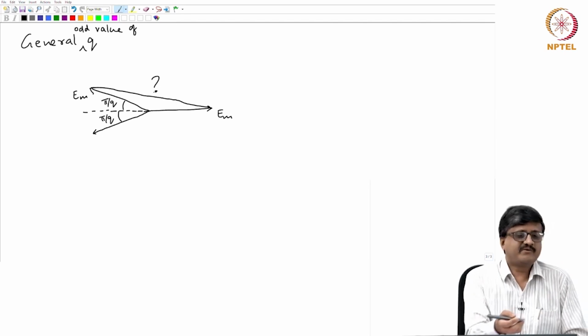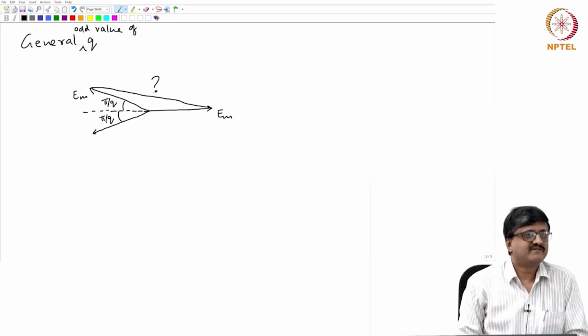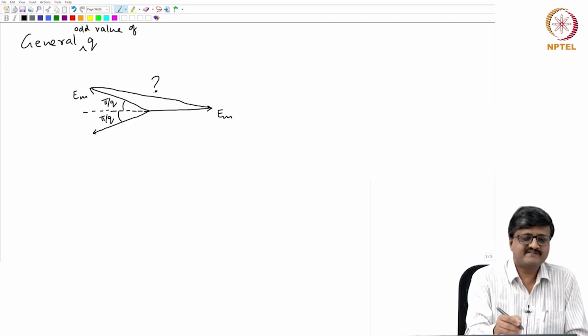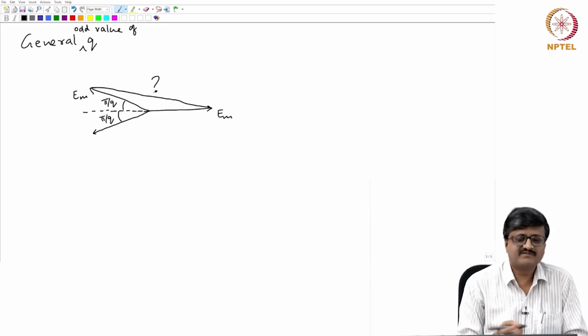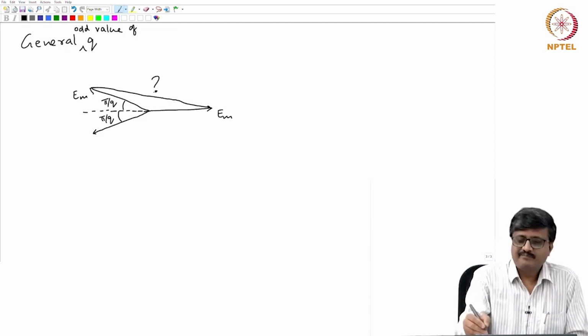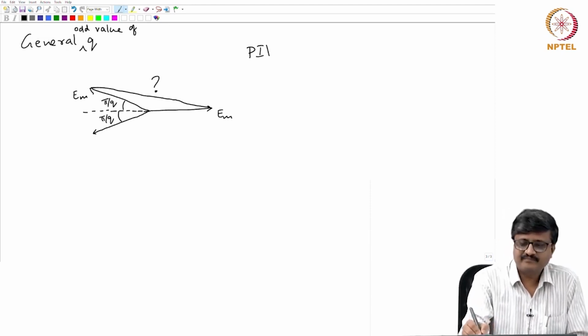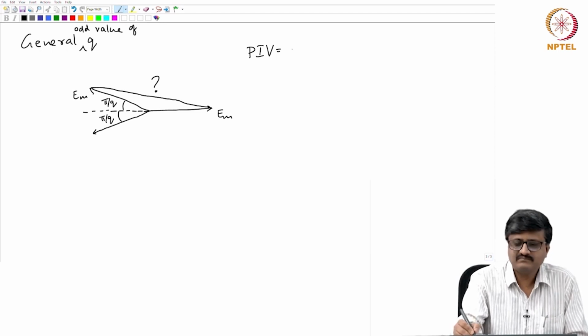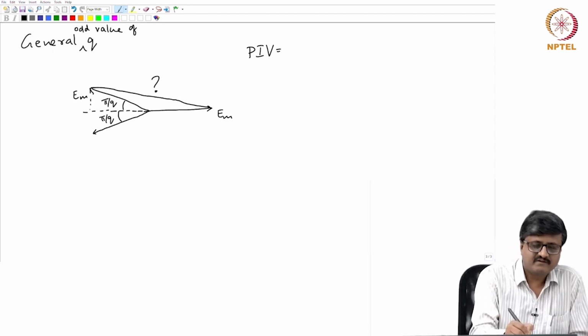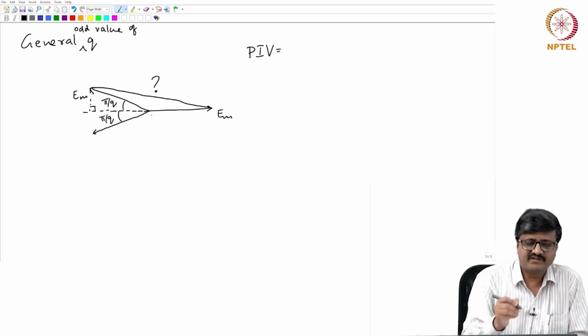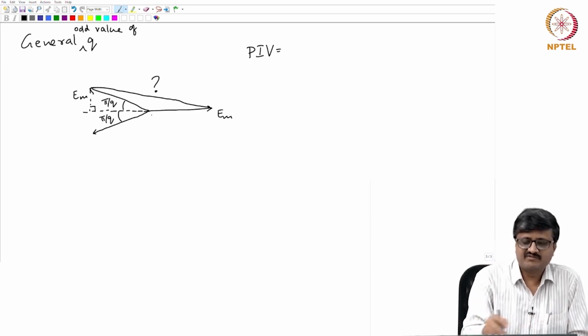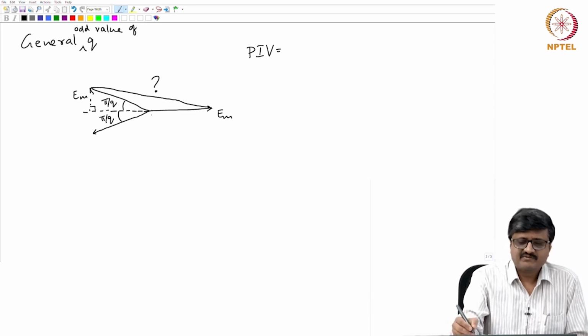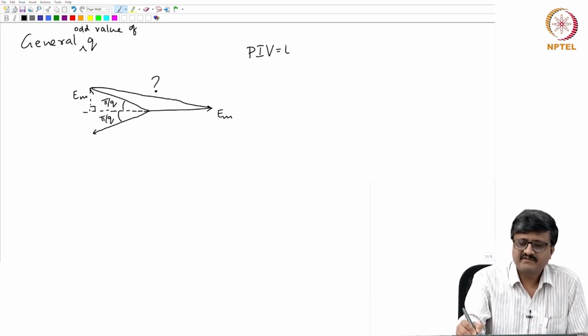This is similar to the case of Q equal to 3. Only in the case of Q equal to 3, instead of pi by Q, we had 60 degrees. So, we have a general value for the angle here, pi by Q. In this case PIV is equal to, if I take a line segment which is perpendicular to the other line segment, then I can use this right angle triangle to find PIV.